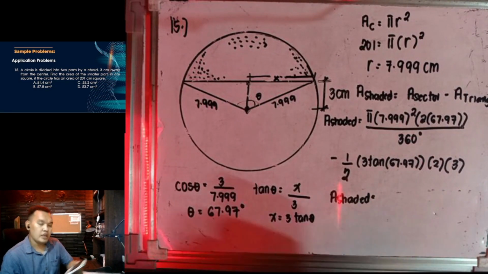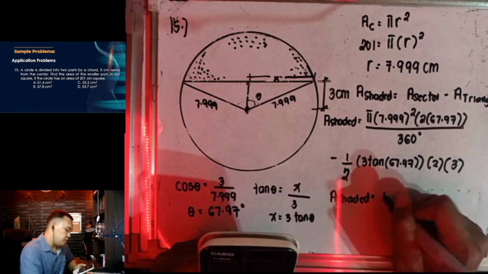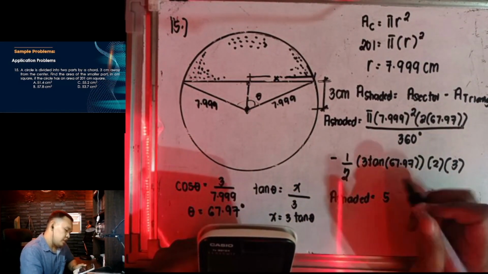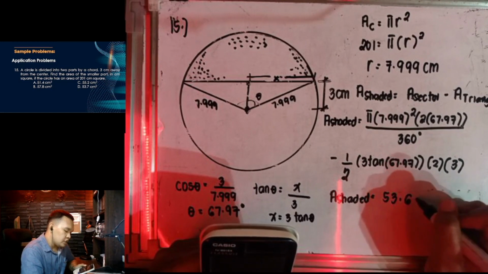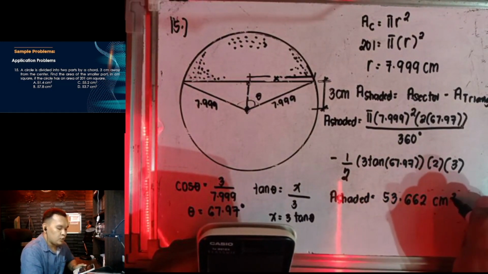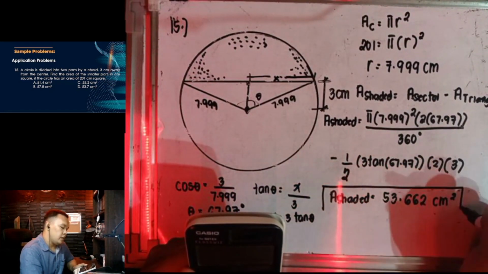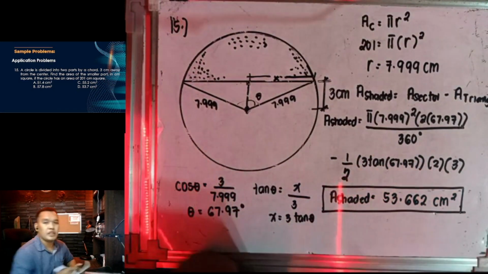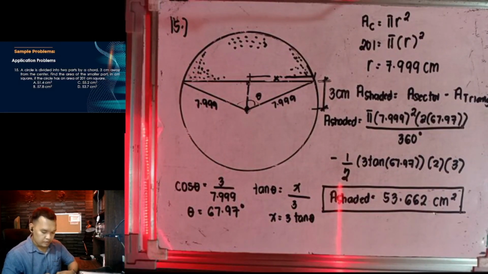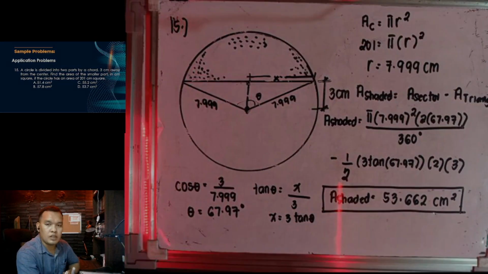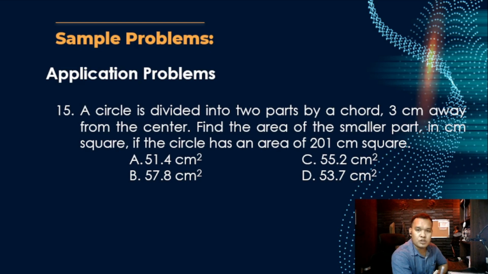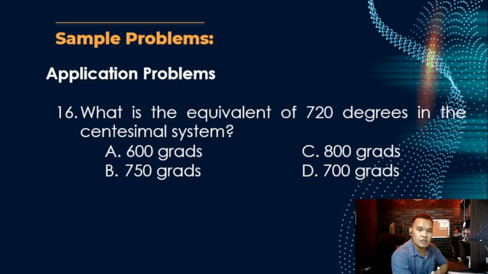So we have here 53.662 centimeter squared. So this will be the area we are looking for in our problem. Okay? So let's check if it is in the choices. Based on the choices, we have here letter D, which is 53.7 centimeter squared. Okay? So let's proceed to another problem.